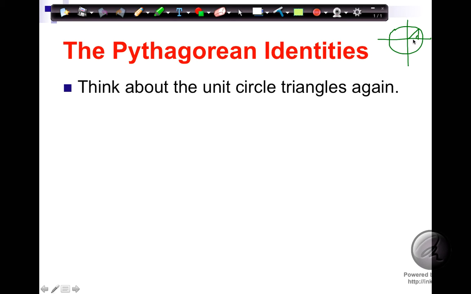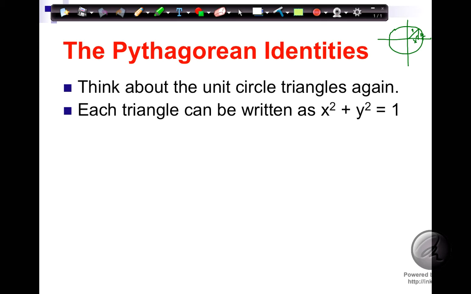And we know that this is the x direction and this is the y direction. So our triangle has sides of x and y on it. And we know the hypotenuse is 1. Hence the word unit circle, right? So we know that each triangle can be written like this with the Pythagorean theorem. We know it's x squared plus y squared equals 1.